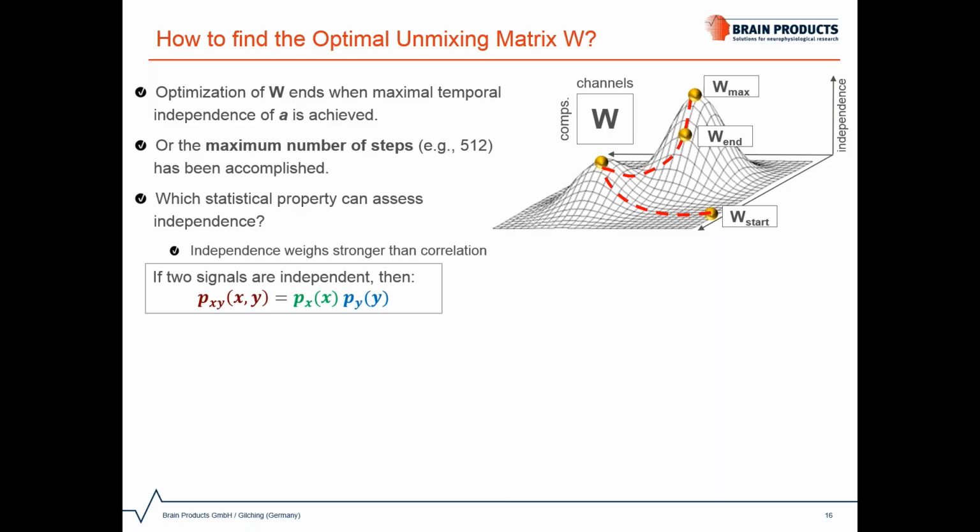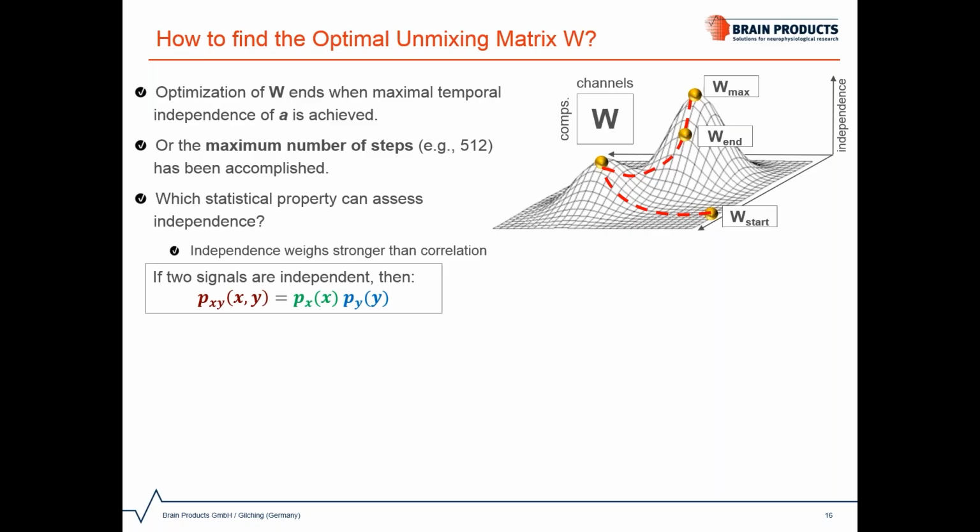Independence means statistically that the joint probability density functions of two signals x and y can be predicted from multiplying the two marginal probability density functions of x and y. In other words, this just means that the two signals x and y are completely unrelated to each other.